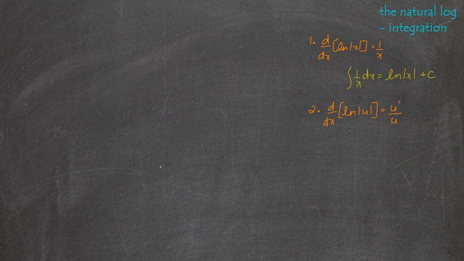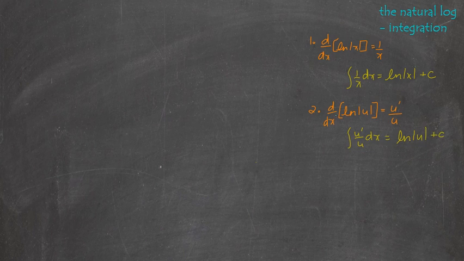So again, the reasonable person would assume that the antiderivative of u prime over u with respect to x would equal natural log absolute u plus c.